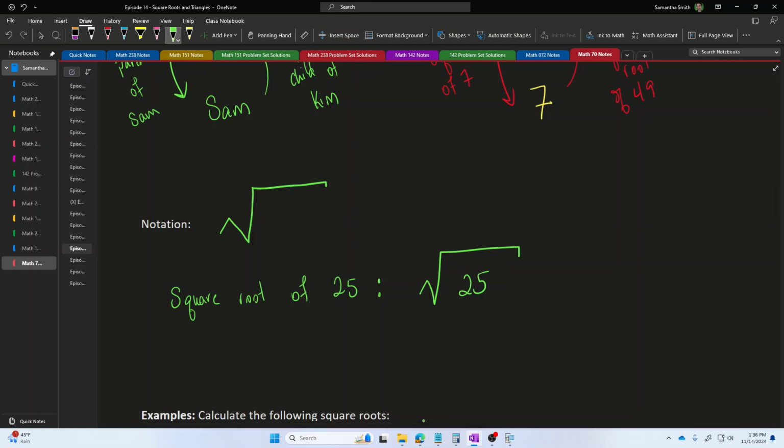Or if I wanted to say the square root of 4, I would write the square root symbol with 4 underneath it.